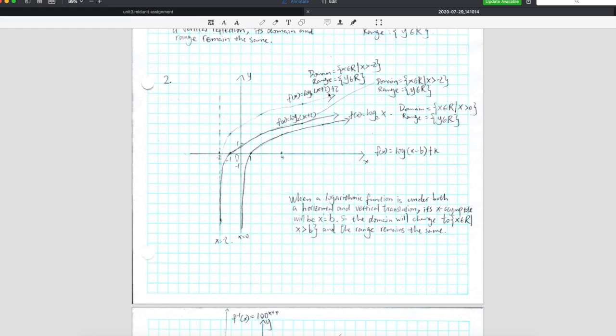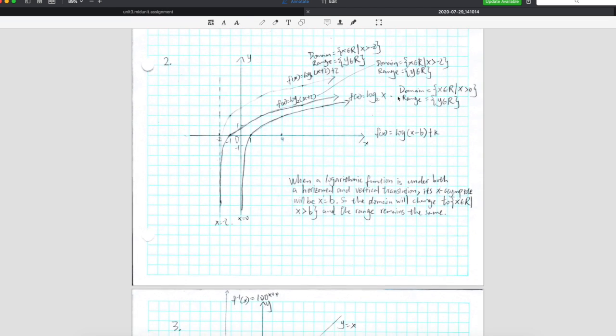So here, as we compare the domain between these two functions, the domains are the same, as is the range.